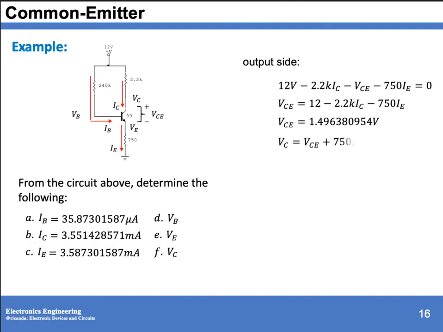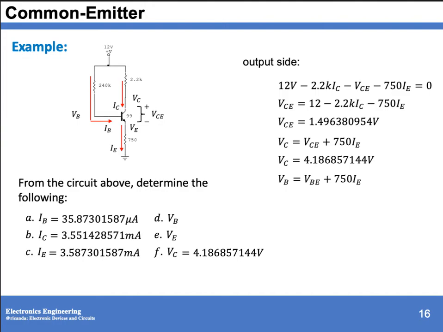And solving for your VC, that is collector with respect to ground, we have VCE plus the voltage drop across your 750. And that is equivalent to 4.186857144 volts.